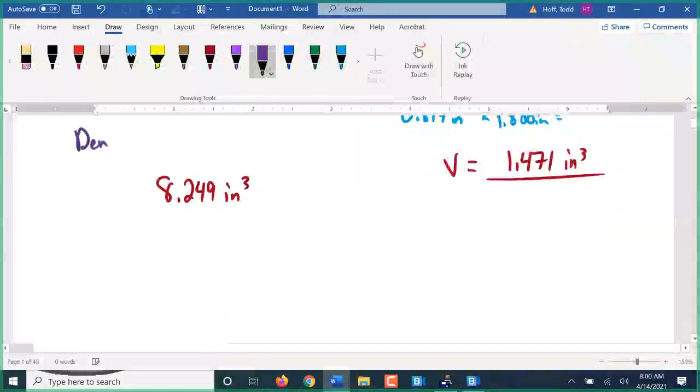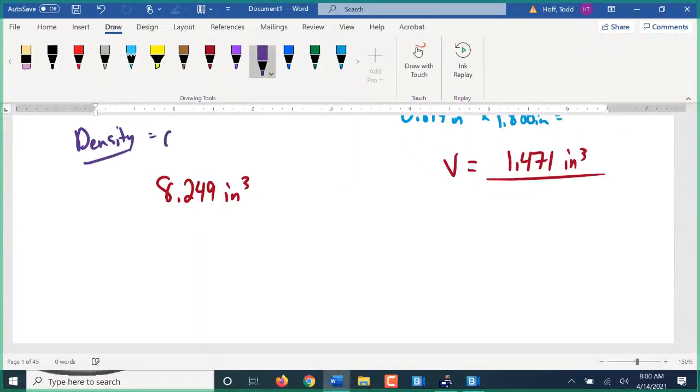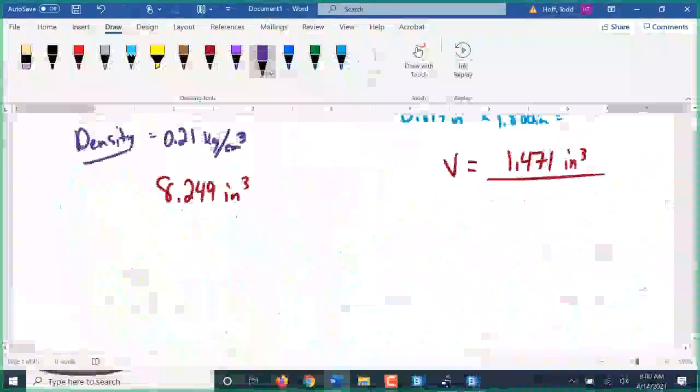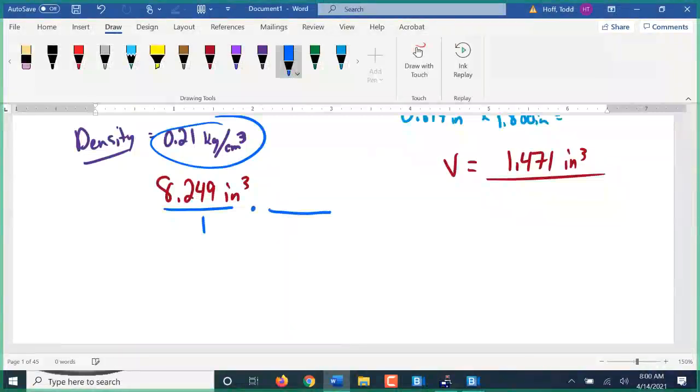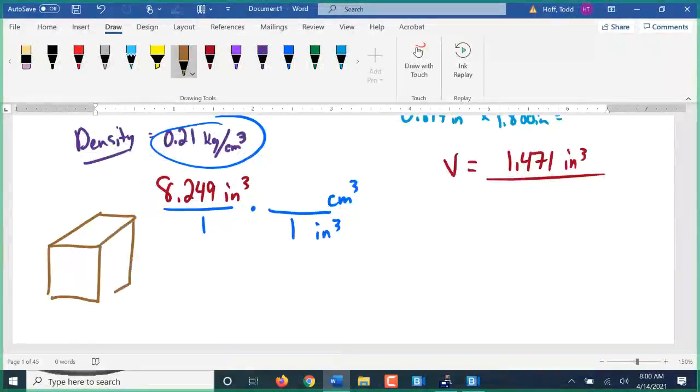Remember, we have a density of 0.21 kilograms per cubic centimeter. What that density means is I need to convert this volume into cubic centimeters rather than cubic inches. How do I figure out how many cubic centimeters are in a cubic inch? Cubic inch, of course, is 1 inch by 1 inch by 1 inch.